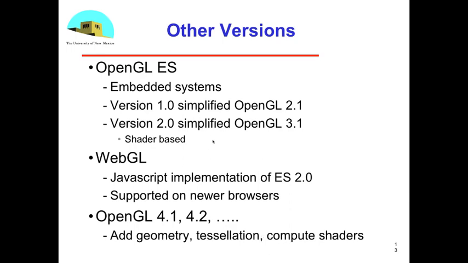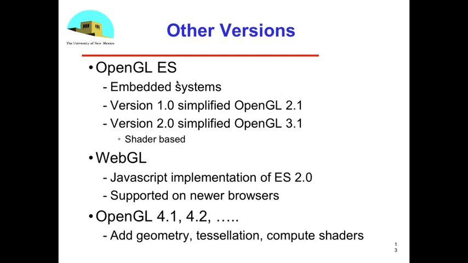But the other end of things was the development of OpenGL ES, which stood for embedded systems. So what these were aimed at originally were embedded devices that would go inside some other device, and typically had very low computing power, were very low power devices. They couldn't generate much heat.